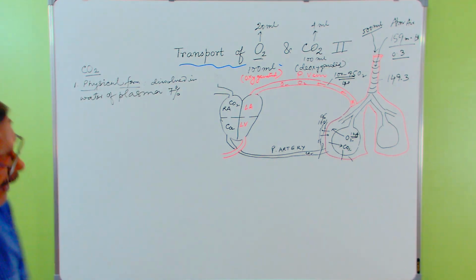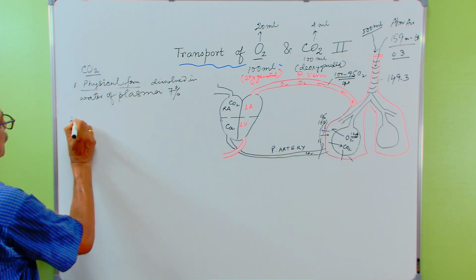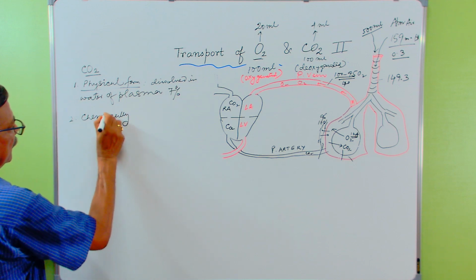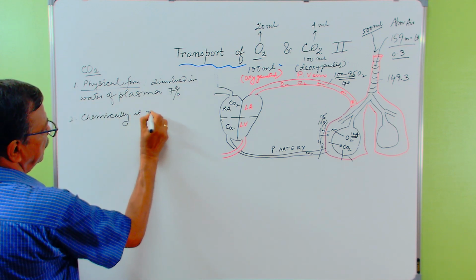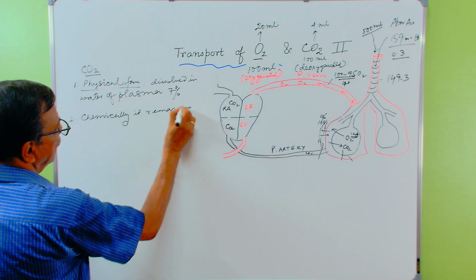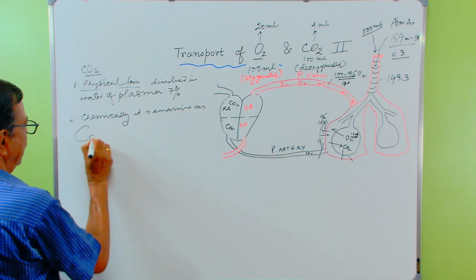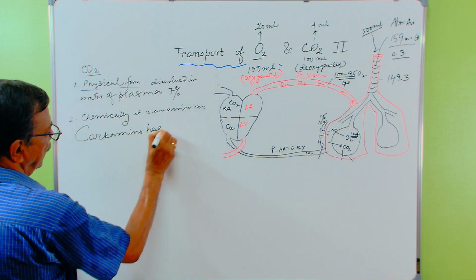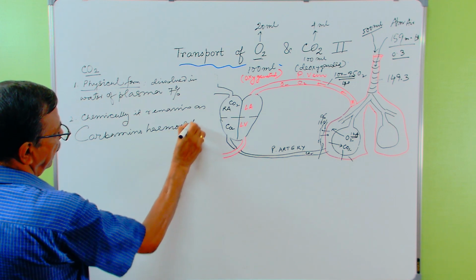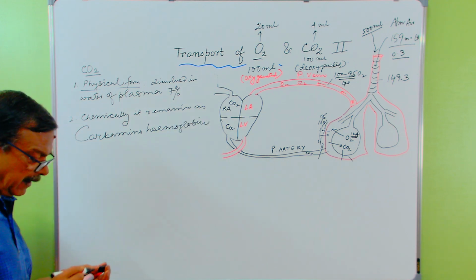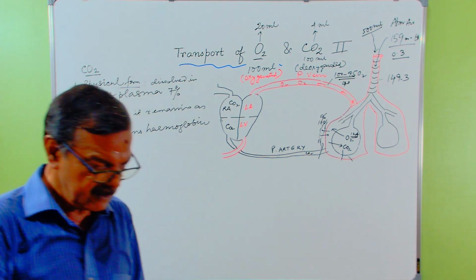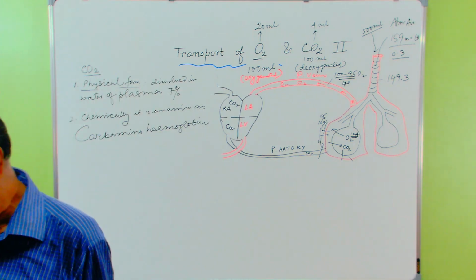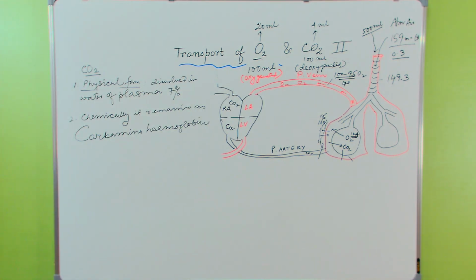Number 2, chemical. Chemically, it remains as carbaminohemoglobin. That is hemoglobin with carbon dioxide, known as carbaminohemoglobin.